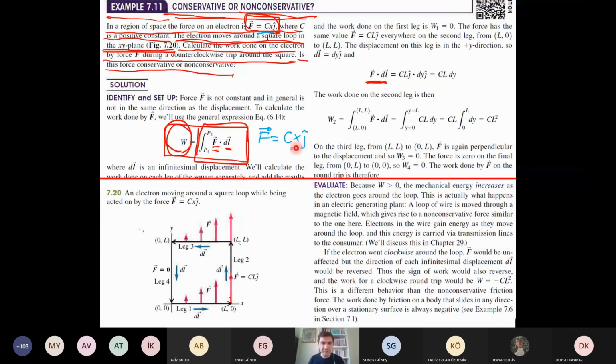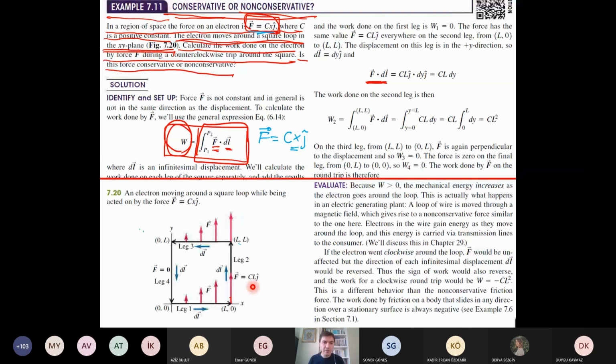And here I have bigger force, which is given by C times L instead of X, because at the final position of the first leg, X is equal to L. Put L here, then again the direction is along the positive Y direction. Then I have this type of force here.